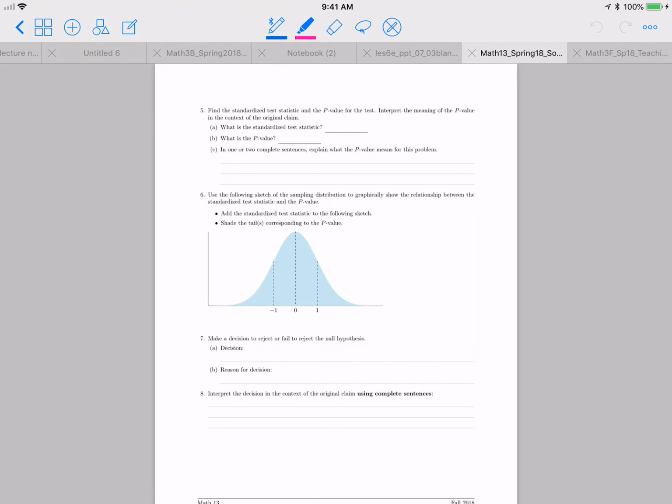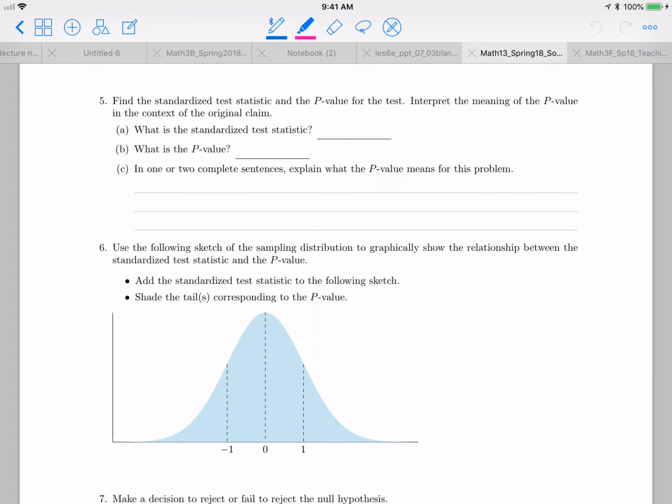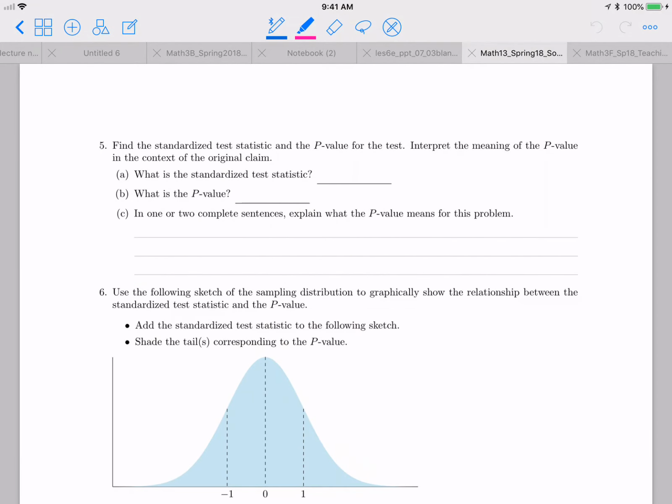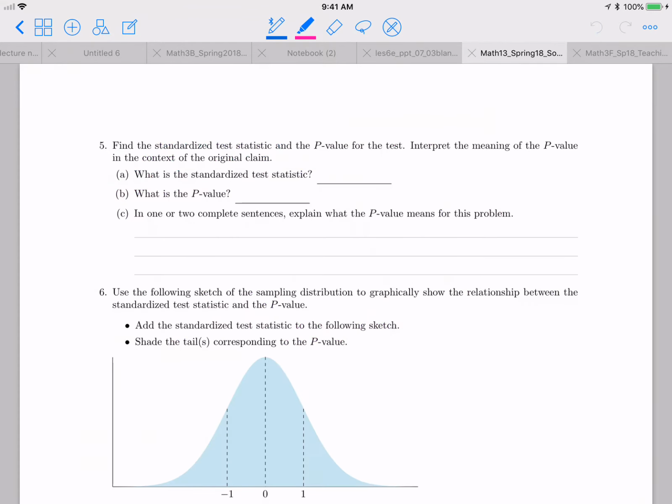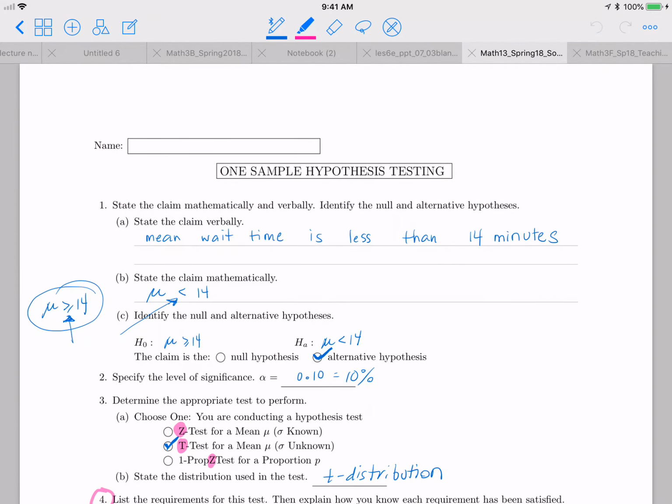Okay, please turn over. Find the standardized test statistic and the p-value for this test. Here's how I'm going to do that. I'm going to put it in my calculator. So I'm going to go to stat, test, go to t-test. Now I'm going to select stats. My mu naught is going to be 14.